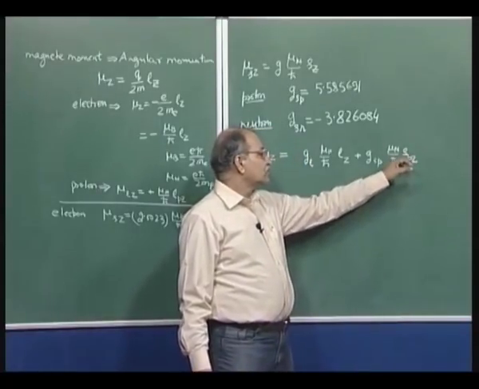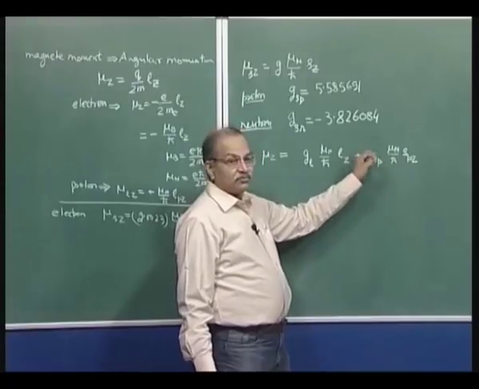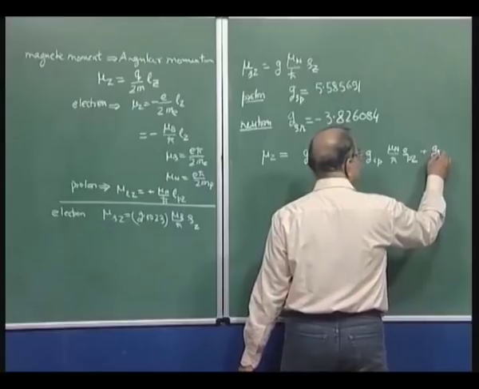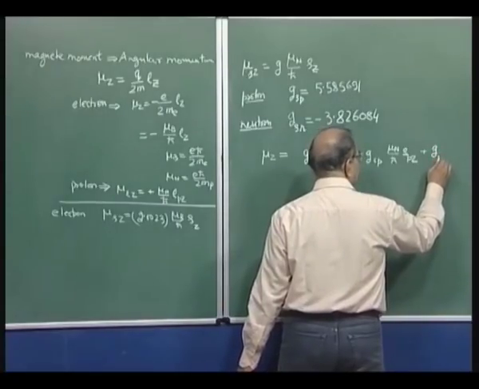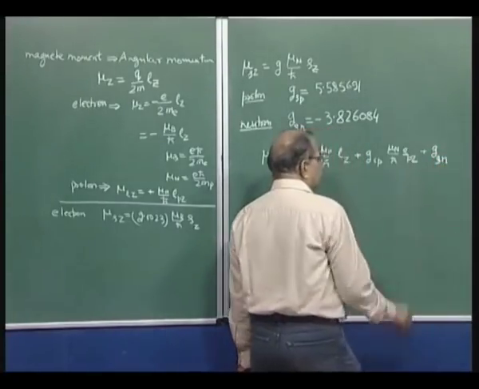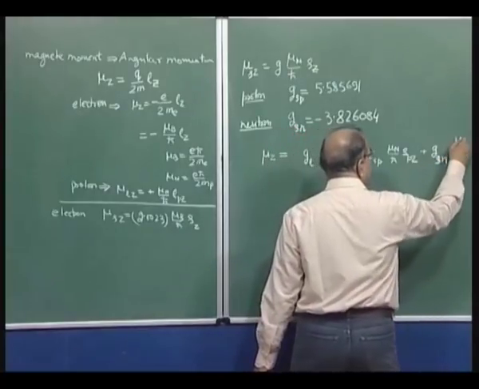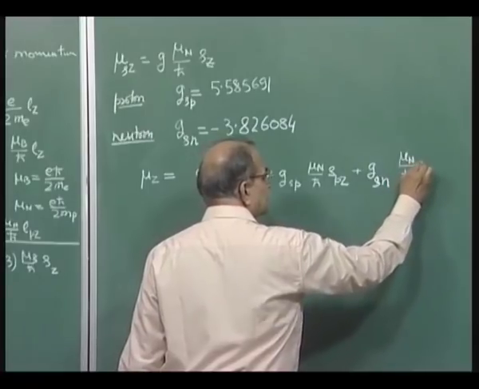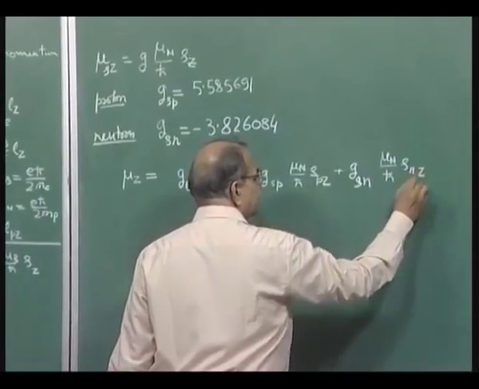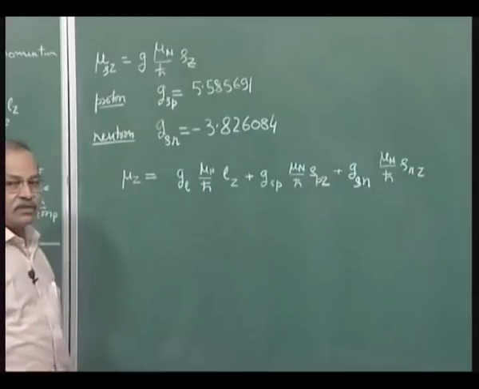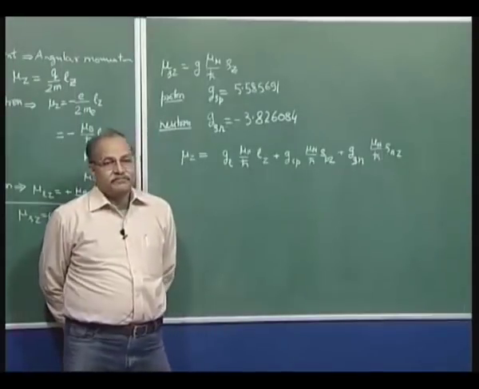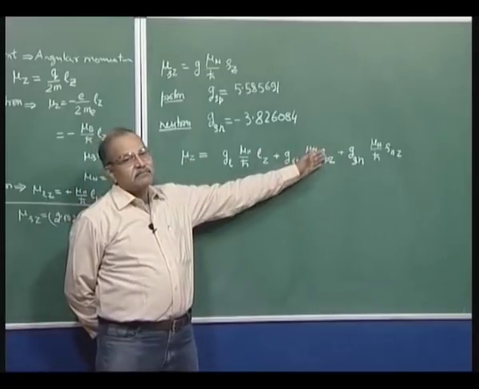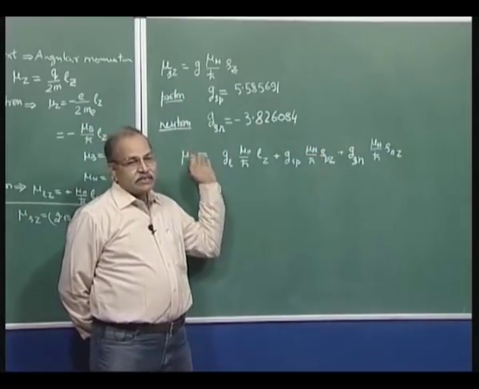So, this is the g factor for proton, and then neutron plus g_sn, let me write S_n. So, g factor for neutron, and this is nuclear magneton divided by h cross S_nz. Okay. So, this is the operator for magnetic moment z component.